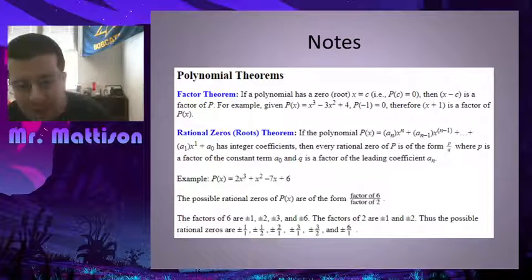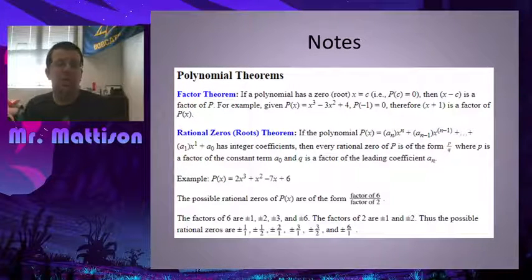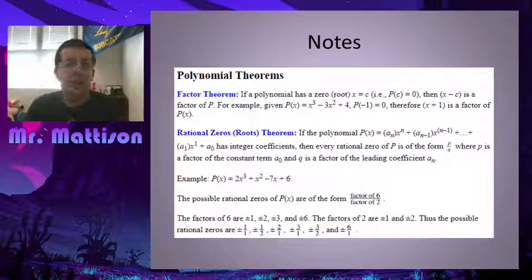So that is where this factor theorem we talked about earlier comes into play. We take those, we plug them in, and we see which one gives us 0. The one or ones which give us 0 are going to be our real roots. And that's effectively how we're going to be able to find those and then eventually help us factor.